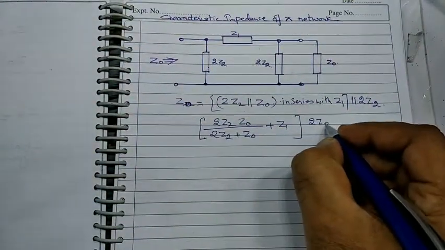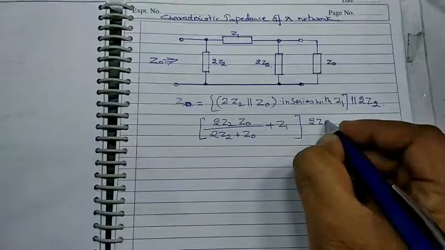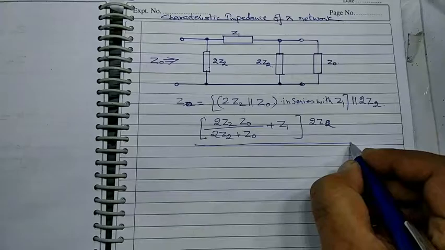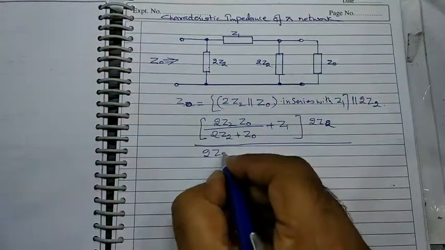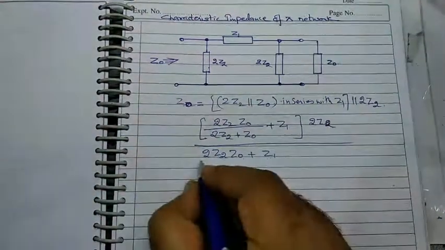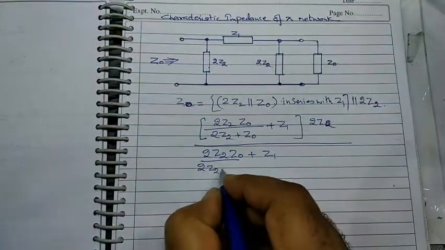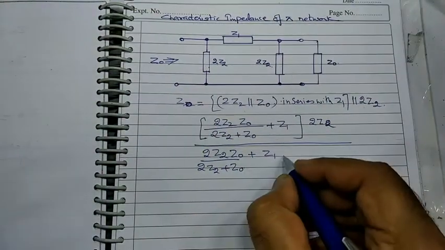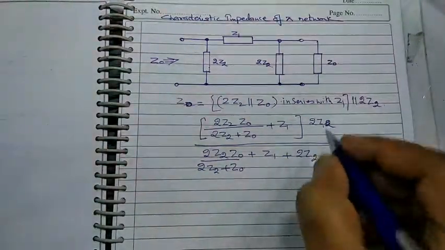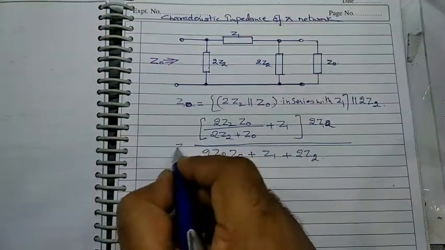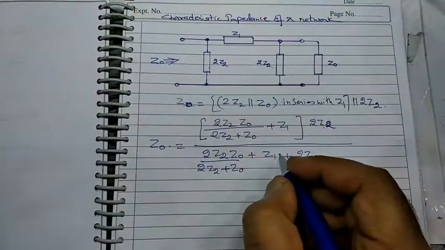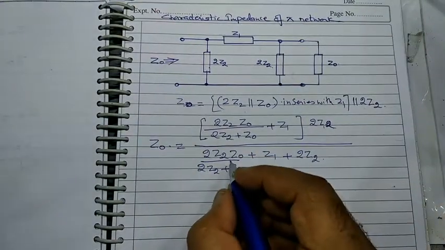So 2Z2 divided by 2Z2 ZO plus Z1 plus 2Z2. Now this is equal to ZO. Just calculate and get the value. So we will do the calculations.